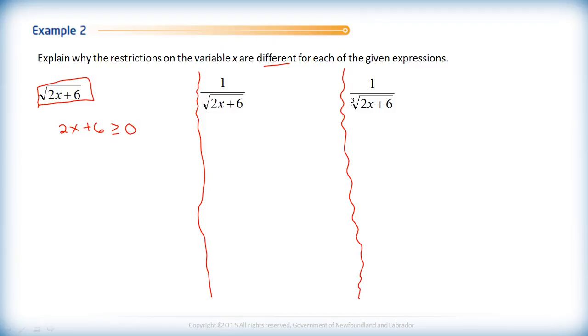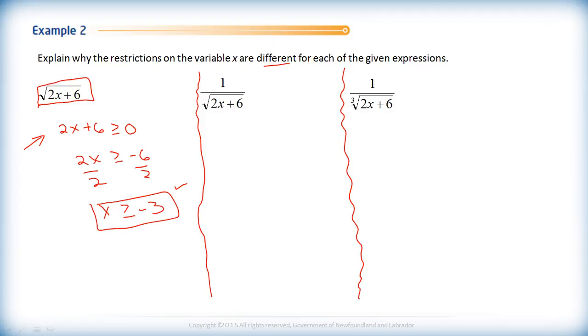So in this case, we're going to say that 2x is allowed to be greater than or equal to negative 6 if we subtract 6 from both sides, and then dividing by 2, we'd say that x could be greater than or equal to negative 3. Okay? So it's because of this restriction right here that x can be greater than or equal to negative 3. So that's how you would explain that sort of in words.